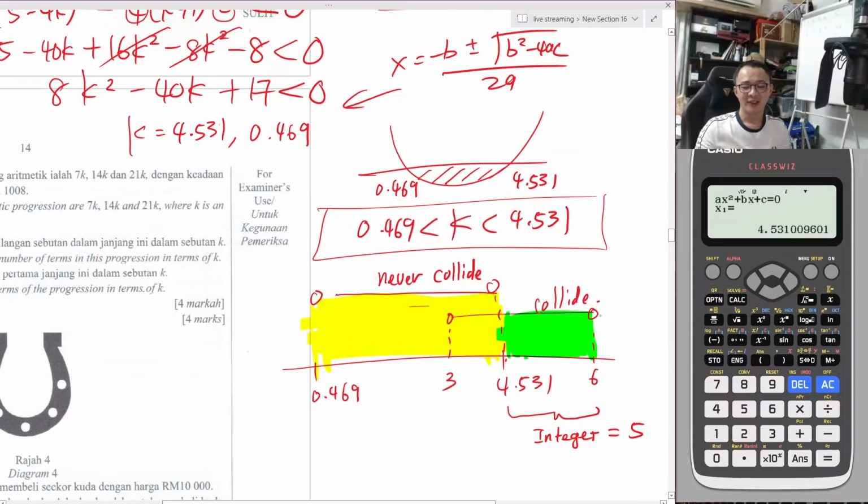So in between here I only have one number, which is 5. This is the only integer that collides here. So in this case, I need to use k equals 5. So the only integer we can use is k equals 5.